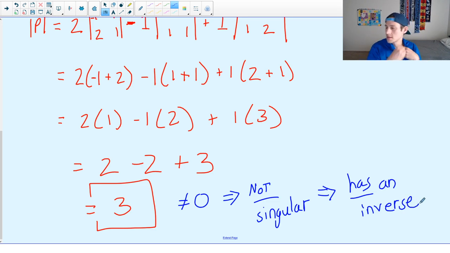Right? We've kind of talked about different ways we can find an inverse, but even without actually finding it, we know the inverse matrix for P exists. Right, if we had gotten a determinant that is equal to 0, we would say, no, this does not have an inverse. This matrix does not have an inverse.